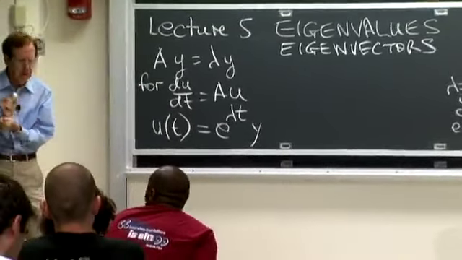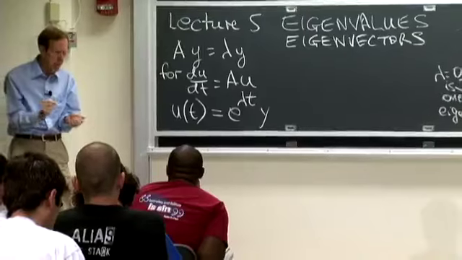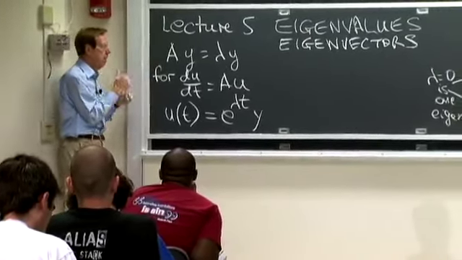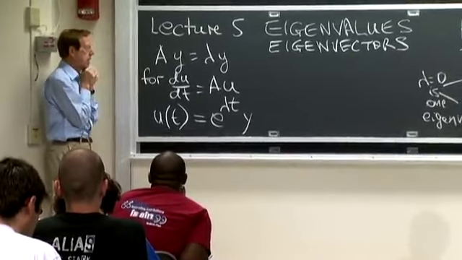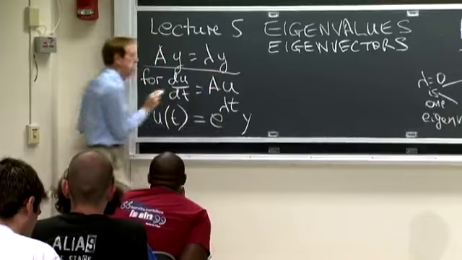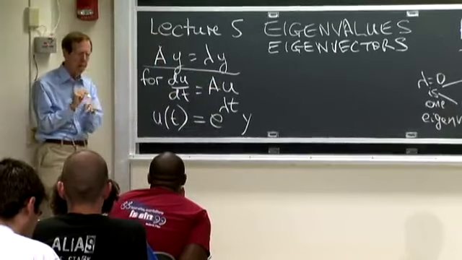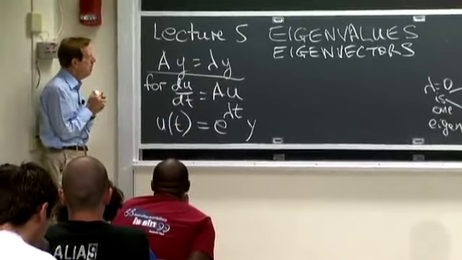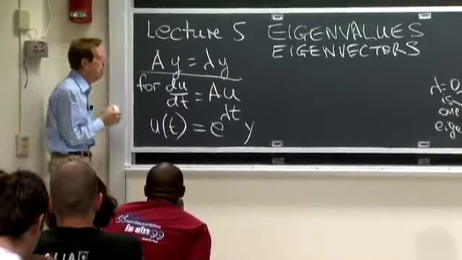I'm always trying to say, what's the purpose? I'm not doing this just for abstract linear algebra. We look for these things because they tremendously simplify a problem if we can find them. So, what's an eigenvector?